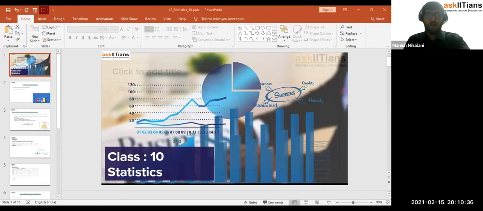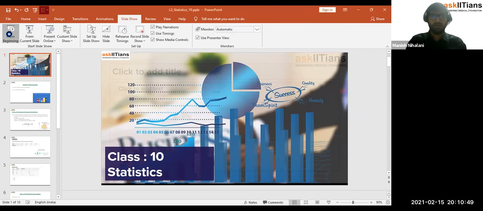Today we will continue this chapter. In the last class we discussed the direct mean method, the assumed mean method, and the step deviation method.